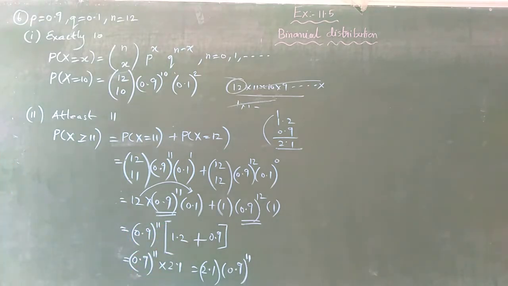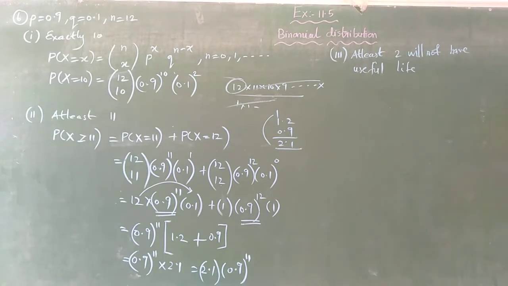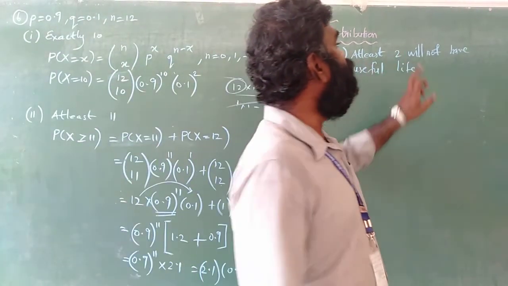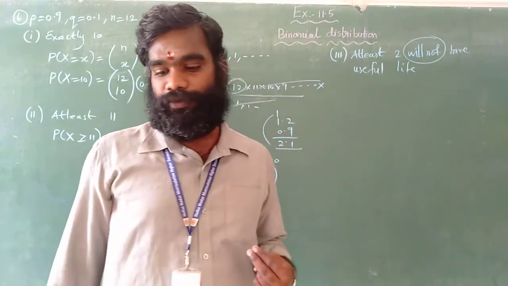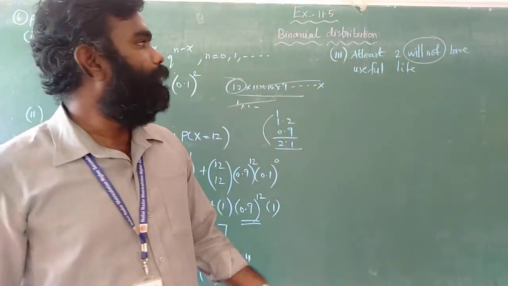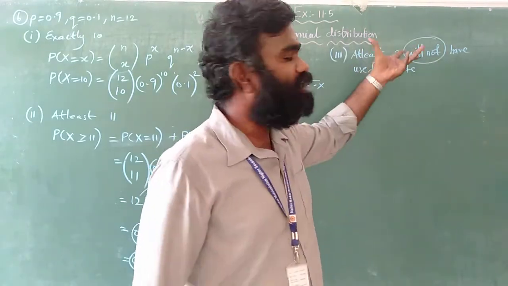Next, in this third subdivision, they have given at least 2 will not have a useful life. In the previous two subdivisions they gave will have, but here it is will not. So I am going to change this question.